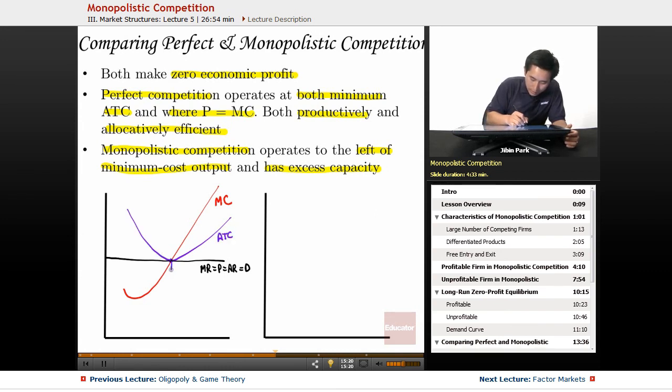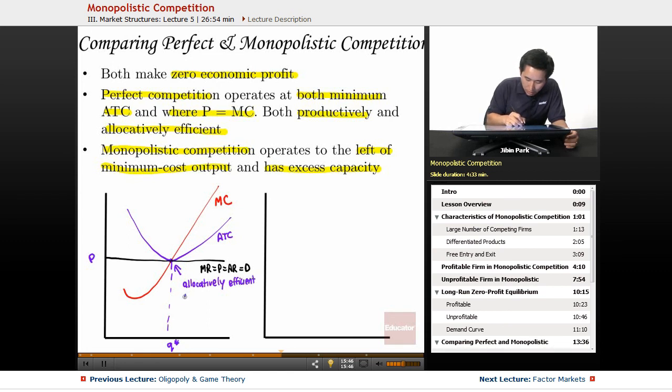Right here, not only is it the profit maximizing quantity, you're at the minimum of the ATC and MC, and the price equals the marginal cost. So this point is allocatively efficient.